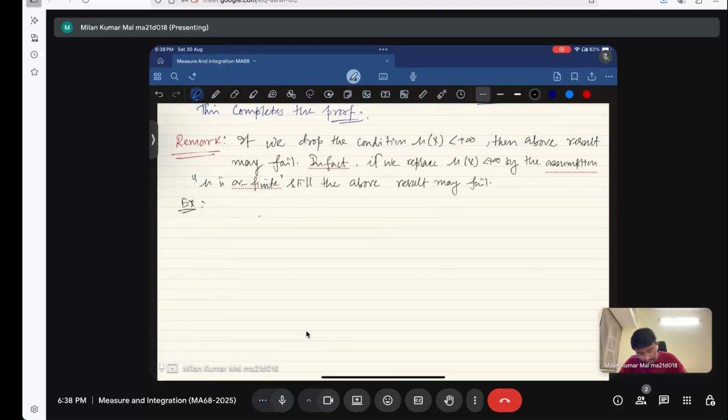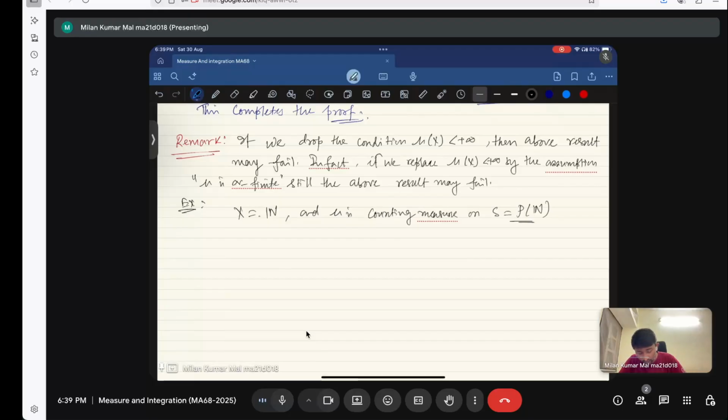Let us consider the set X equal to the natural numbers, and S is the measurable sets, that is the singleton sets and their unions, and mu is the counting measure on S, which is the power set, the collection of all subsets of the natural numbers. So mu is giving the counting measure.